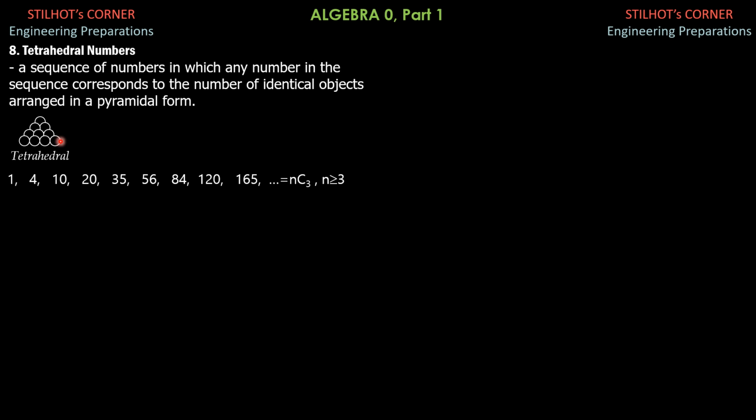Take note that the number of objects in each layer corresponds to triangular numbers. So 10 plus 10 is 20. Then 10 over 15, that's why 20 plus 15 is 35. Then 15 over 21, that's why 35 plus 21 is 56.